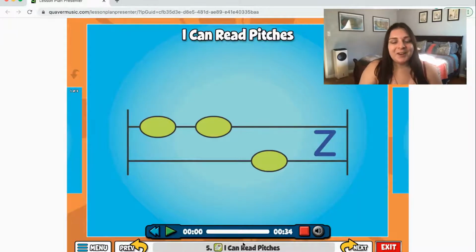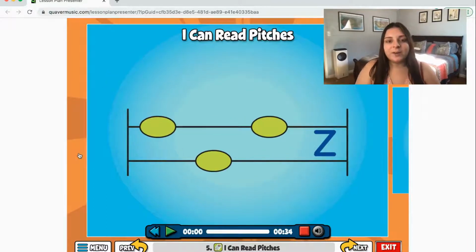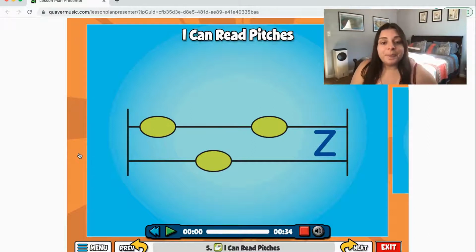Okay, friends, on this screen, we are going to learn about reading pitches, starting with 2 of the 5 staff lines. So these 2 lines are going to represent pitches sol and mi.